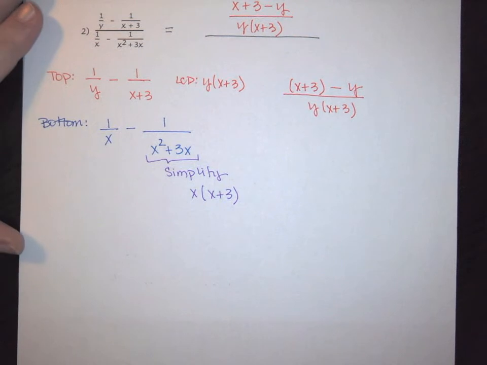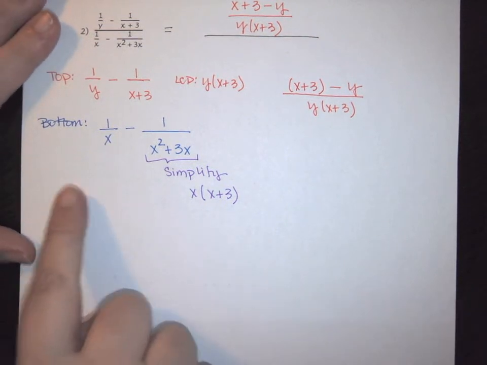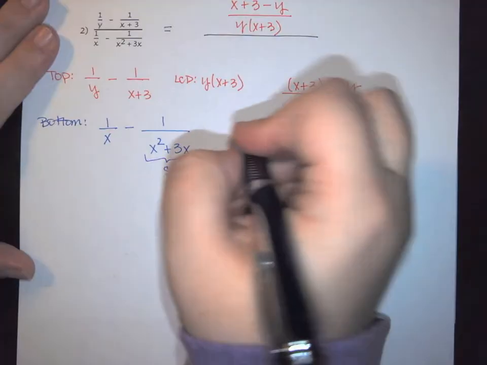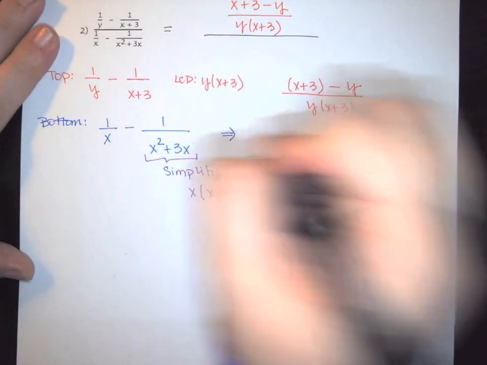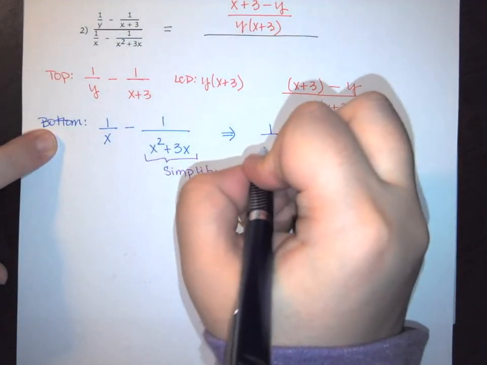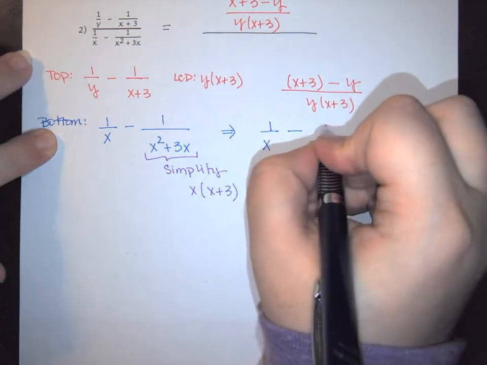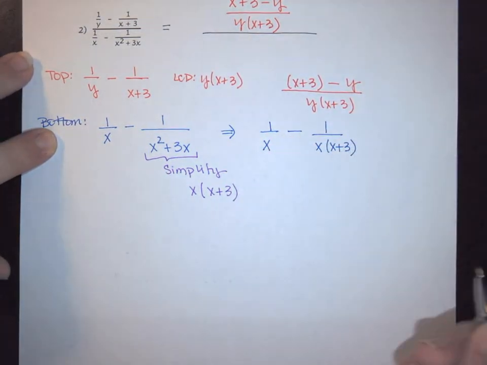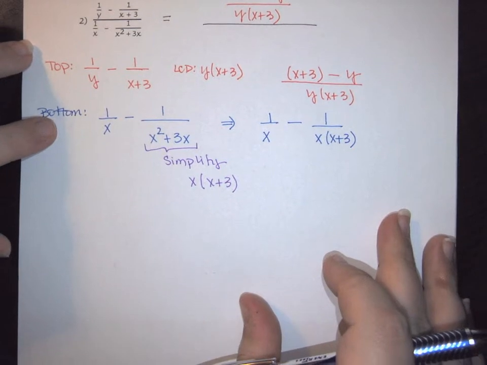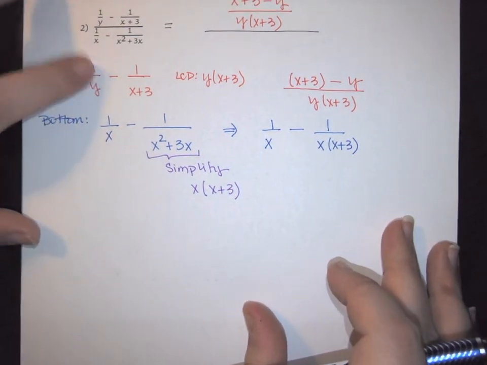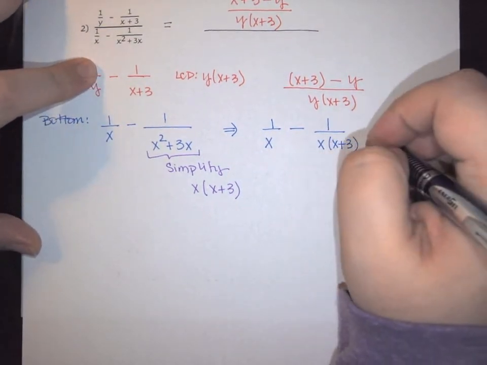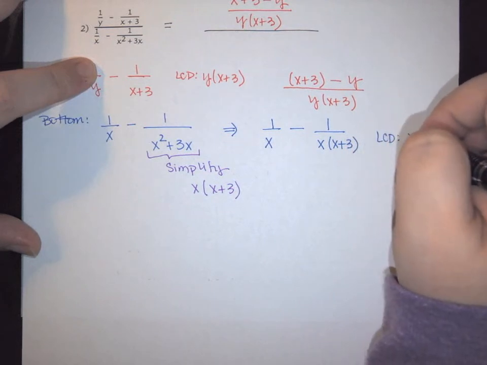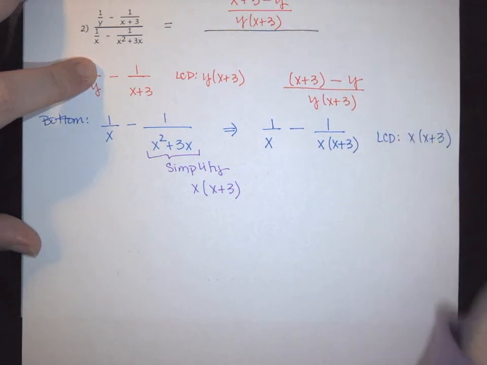Now the reason this is important is because it's going to help us write that least common denominator. So in this case, what we actually have here is 1 over x minus 1 over x times (x plus 3). So just like with the top one, our least common denominator is going to be x times (x plus 3).